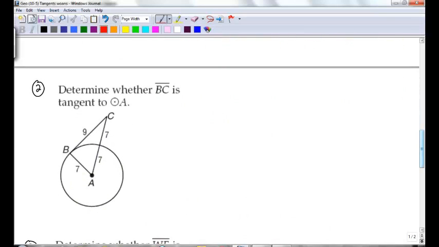Okay, go to the next one. Determine whether BC is tangent. For it to be tangent, it has to be perpendicular. For it to be perpendicular, the Pythagorean theorem has to hold true. So they're just saying test it. You know this is 7. You know this is 9. 7 squared plus 9 squared, does that equal 14 squared? So you just test it. That'd be 49 plus 81.